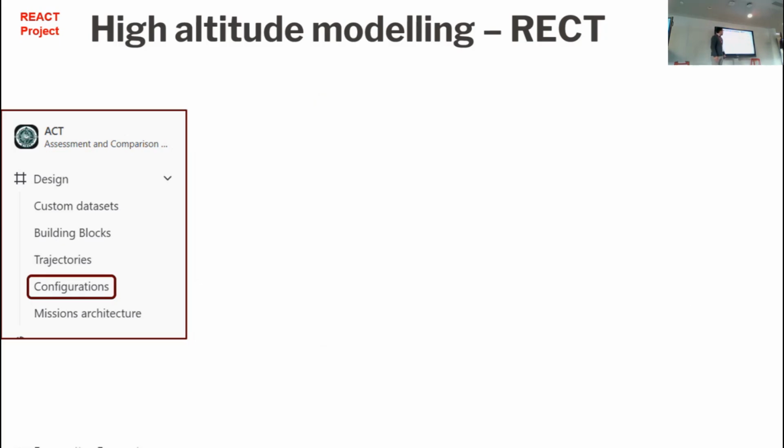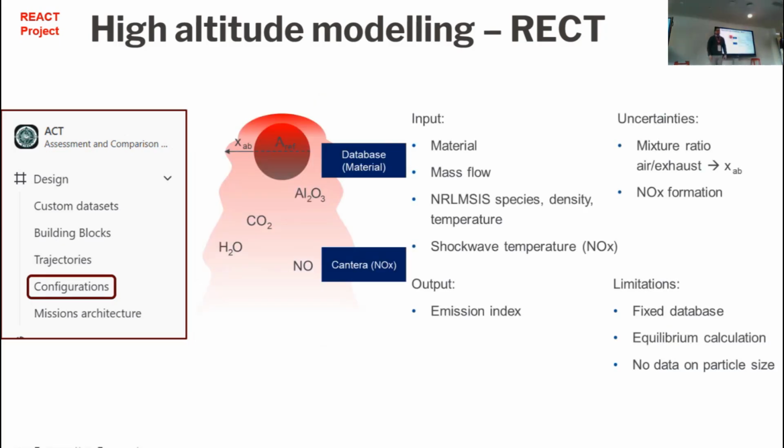With that, we can then calculate in a second step the emissions. This is also done in a two-step process. One is the calculation of nitrous oxide using Cantera equilibrium calculation. So we assume we have the shock wave of the supersonic space debris coming in, which heats up the atmosphere, and this leads to the formation of NOx.